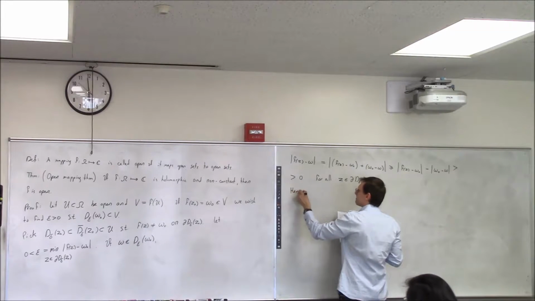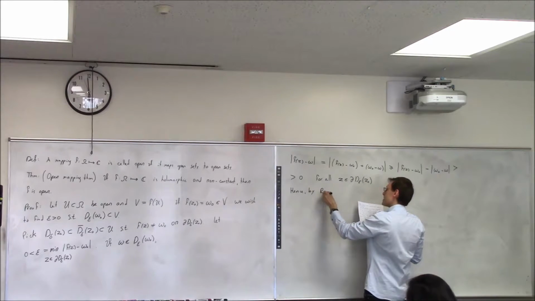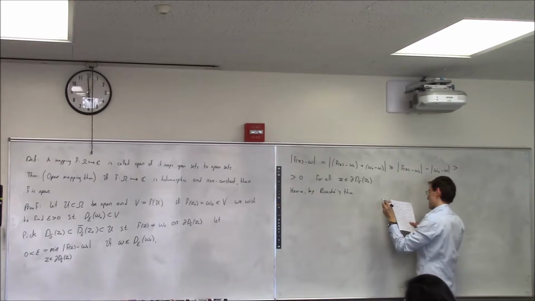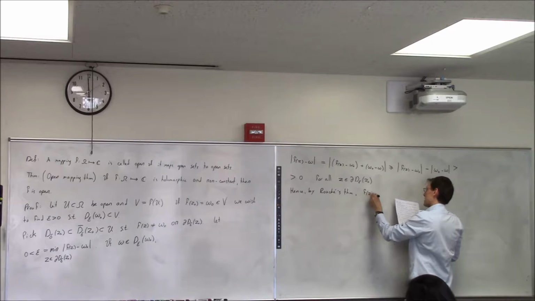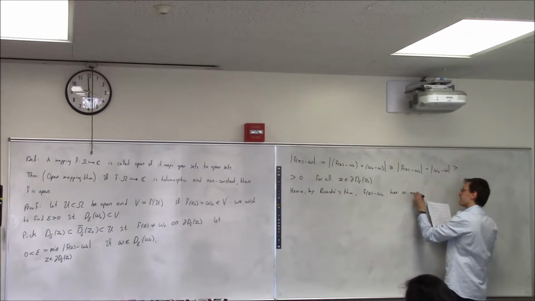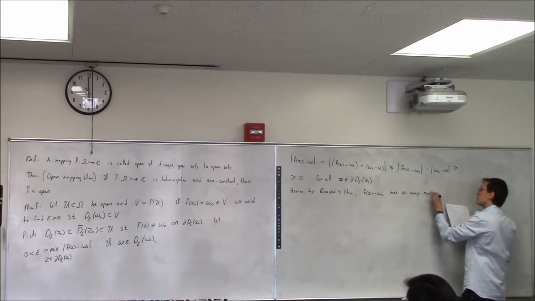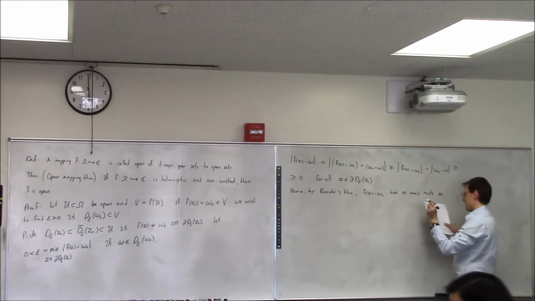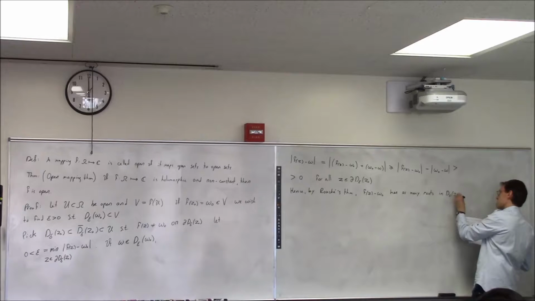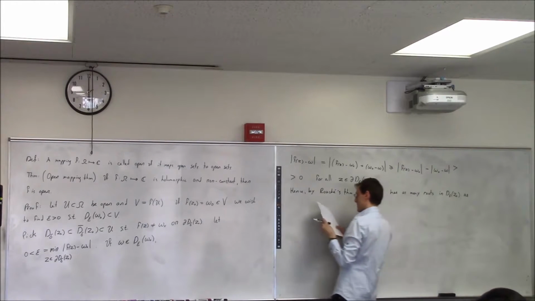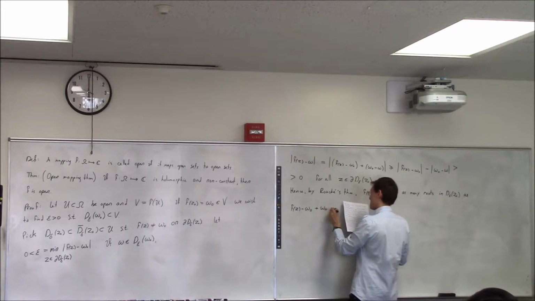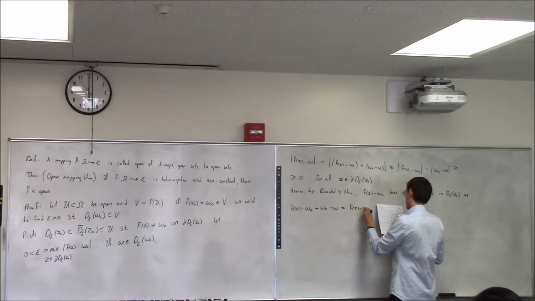By Rouché's theorem, f of z minus w0 has as many roots in the disk as f of z minus w0 plus w0 minus w, which is f of z minus w.